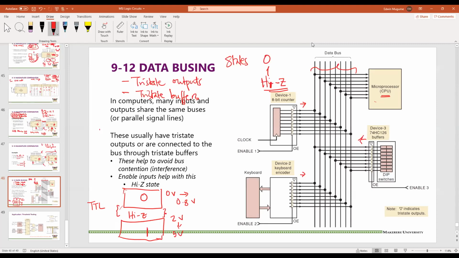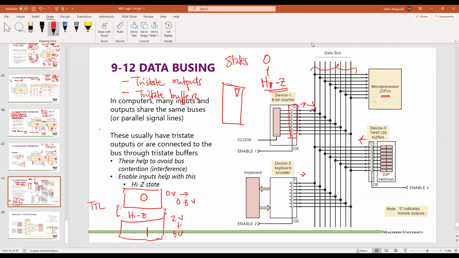The idea of the buffers is that before it is the turn of this counter, for example, to send information to those buses, the information will be held here. Usually when you see an IC with something like that, you know that that IC has tri-state inputs or outputs, and or it has tri-state buffers.